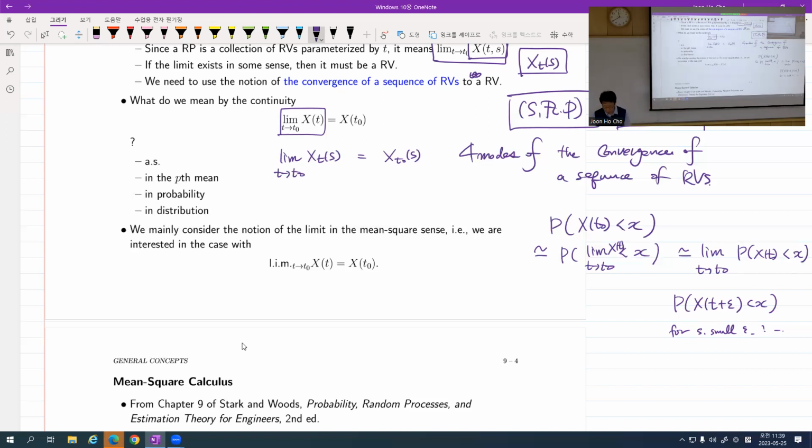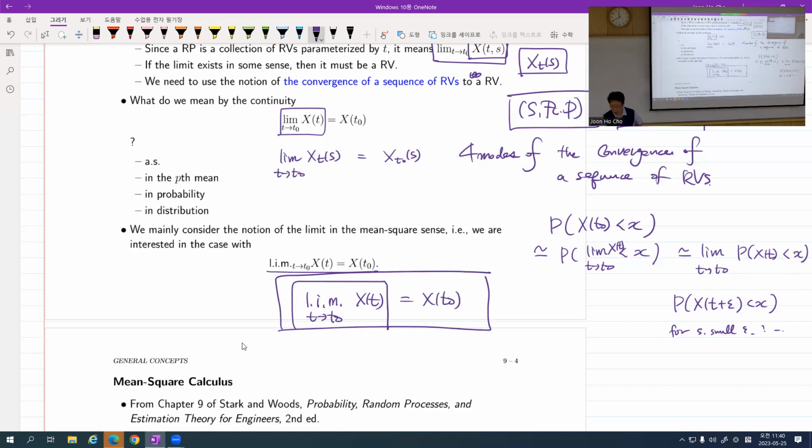Got it? So let's see. Here goes a new notation: l.i.m. of X of t as t goes to t0 equals X of t0. This is a new notation, and a new kind of equality we want to define. What does this mean? This is different from a limit. We want to say something different.